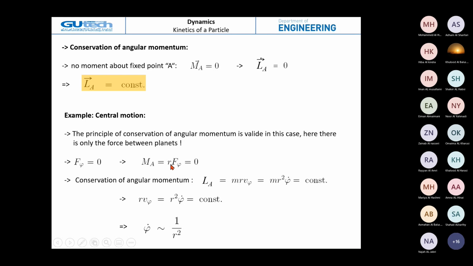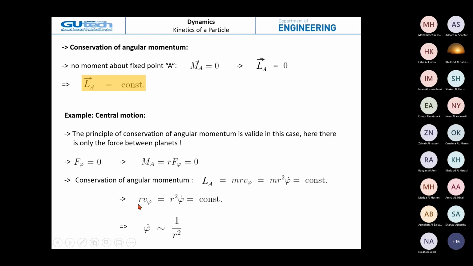Ma will be only R Fe, and this is equal to 0. Then the conservation of angular momentum will be Le, it's M multiplied by the position R between two planets, equal to m r square phi dot, and this will be constant.